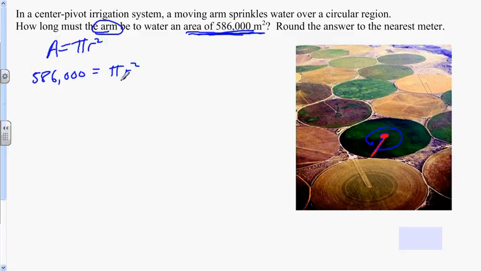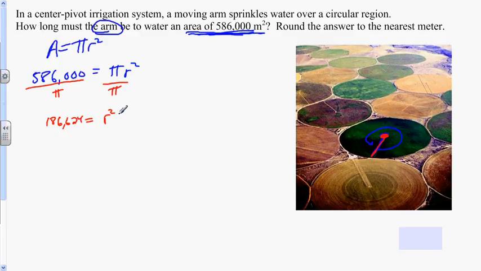How do we solve for that? Well, we divide by pi. And we have r squared equals, and if we divide by 3.14, we get 186,624 based on my calculations.